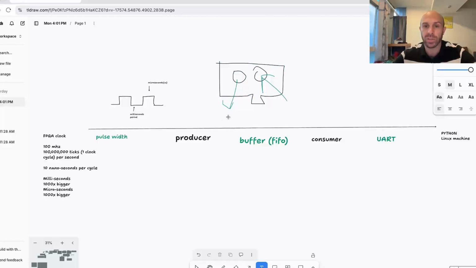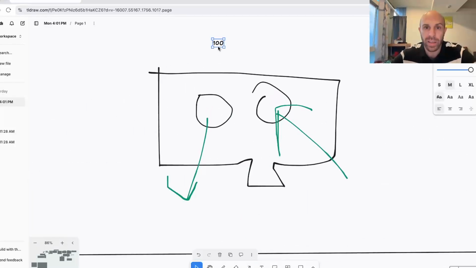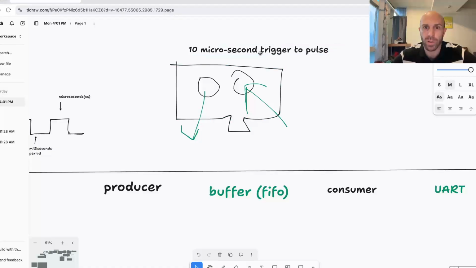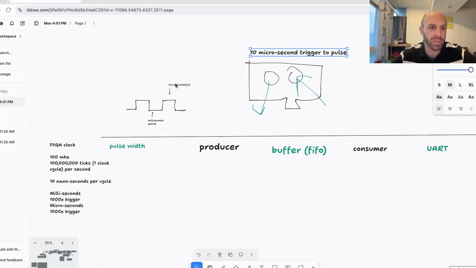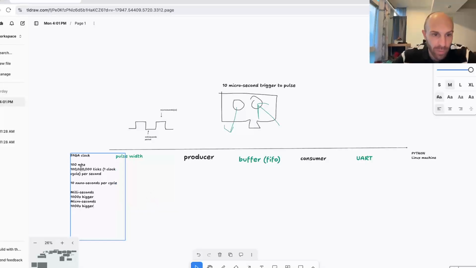This transducer requires a 10 microsecond trigger to pulse. So this is in microseconds, but this is in nanoseconds. Now here's the flow.